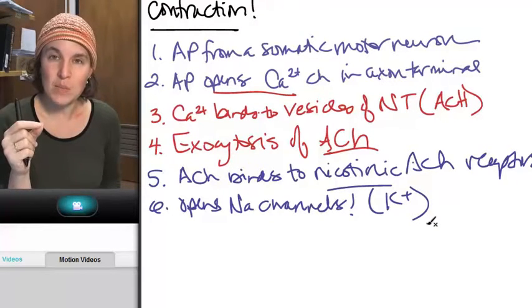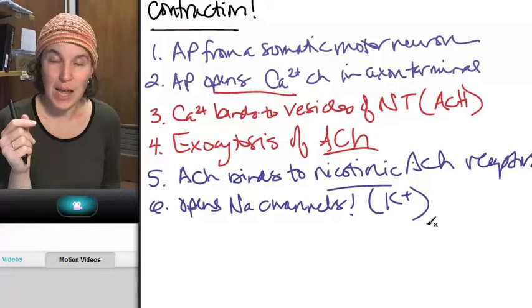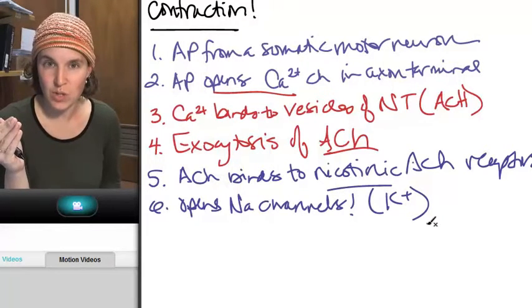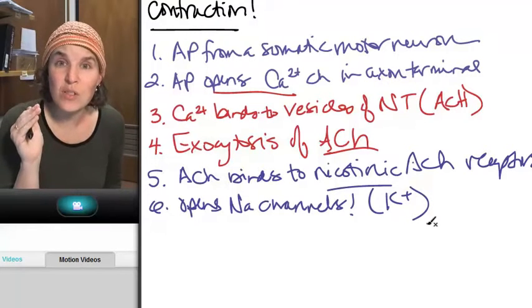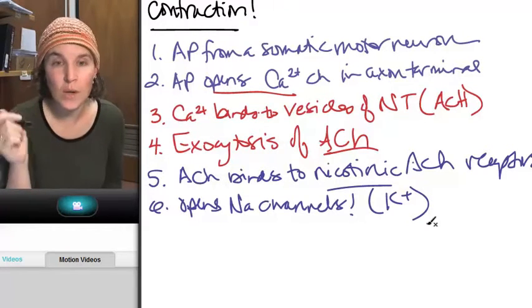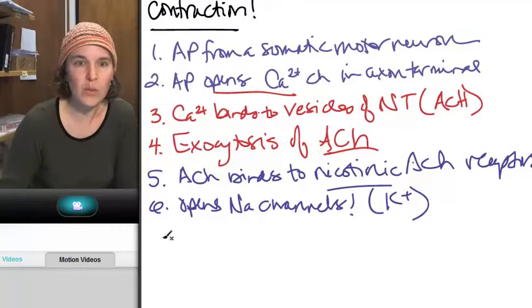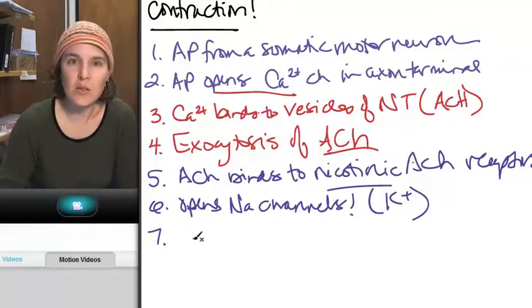But sodium is bigger, it's badder, and it rushes in faster than potassium can rush out. So the end result is what? What is going to happen? Did I make it number 7? Dude, the skeletal muscle depolarizes.